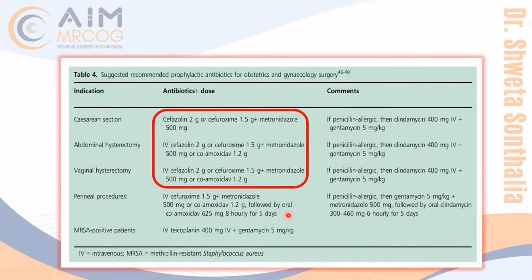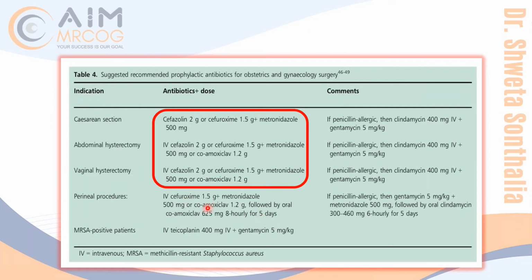So what antibiotic will you give? Coamoxiclav. Very good. This was also a last exam question: in assisted vaginal birth, which antibiotic will you give? The answer is coamoxiclav single dose. You will not continue it because it is prophylaxis, while in perineal procedure, like third and fourth degree tear, you give it up to 5 days.